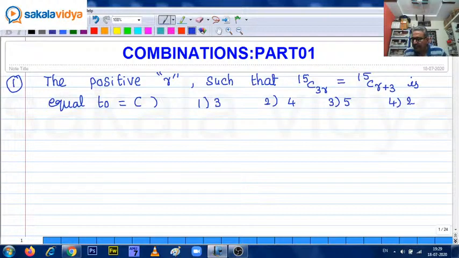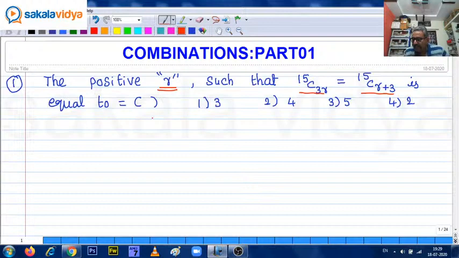So this is the question. If 15C3R equals 15CR plus 3, the value of R we need to find out.